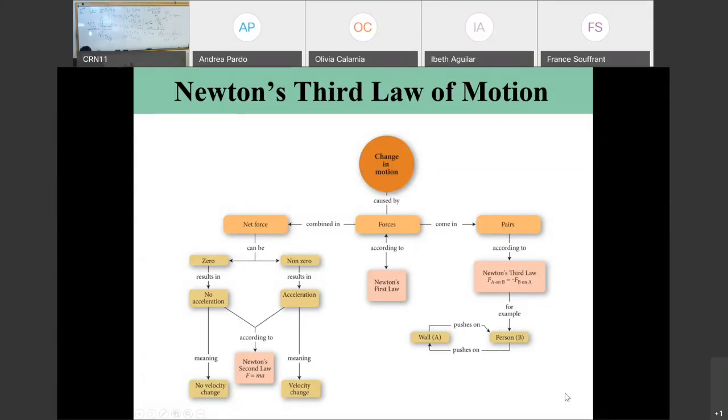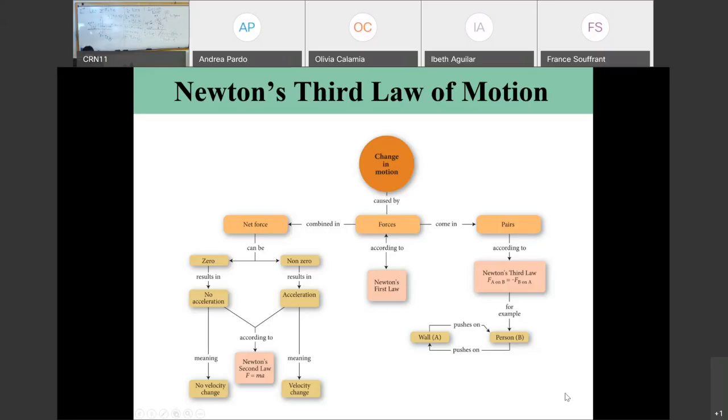So for example, if you are pressing the table, you will also feel a force on your hands. That's the reaction of the table against your hands. All right? So if you push on the wall, it pushes on you. That's if they come in pairs.